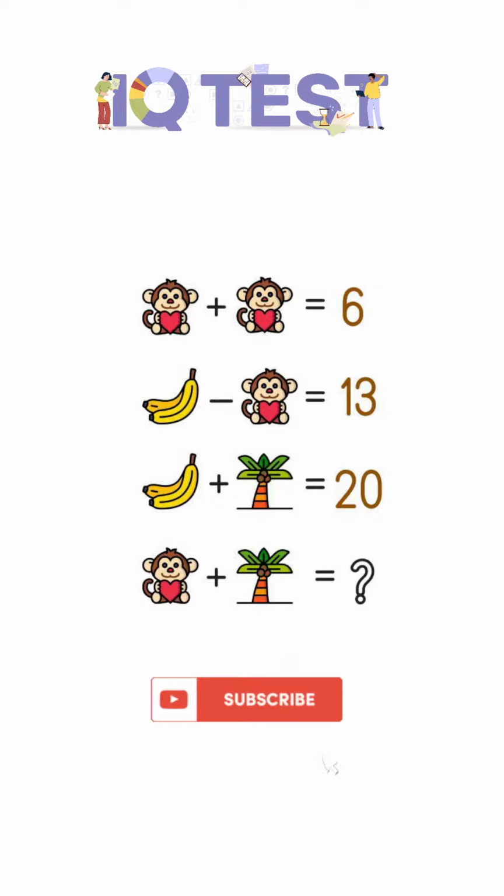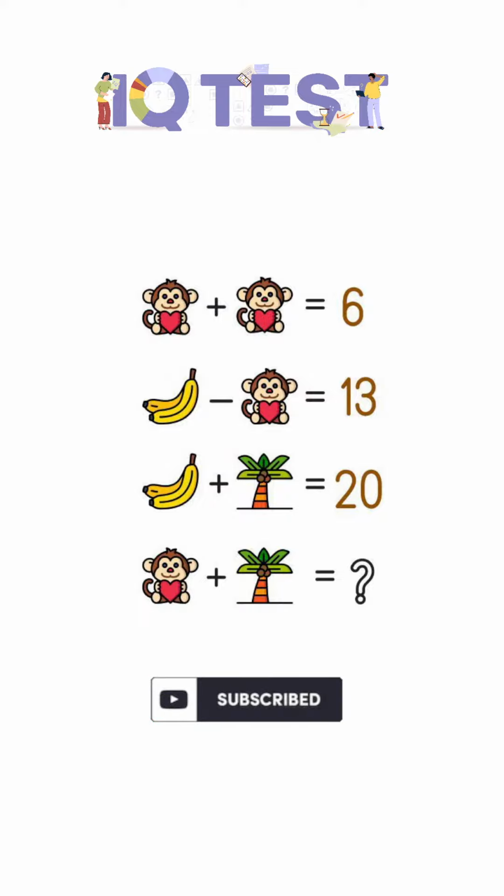Monkey plus monkey is 6. Banana minus monkey is 13. Banana plus coconut tree is 20. Find monkey plus that. So the monkey is 3, I agree.